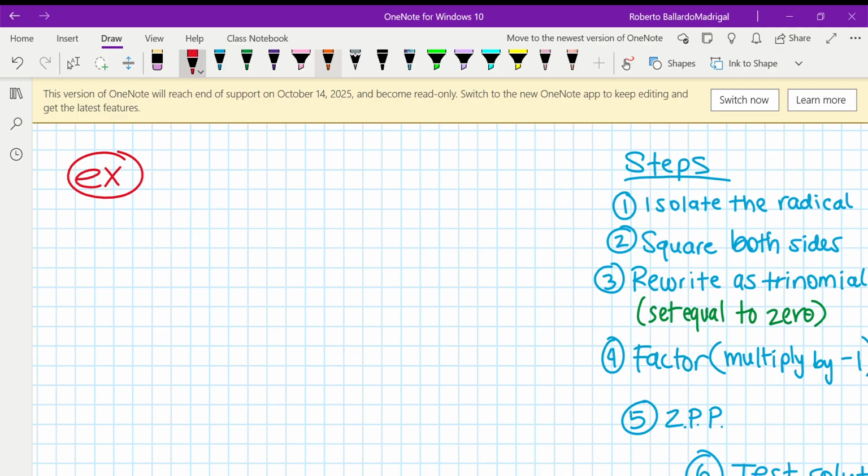Here's your last example: radical x minus x plus 10 plus radical 3 minus x is equal to 5. All right, it's a fun one.